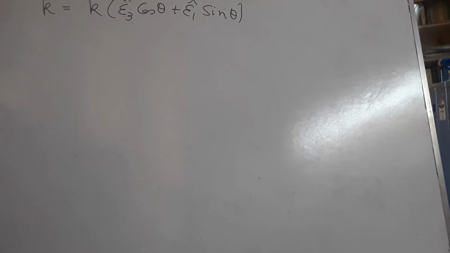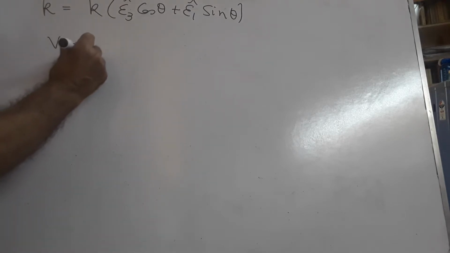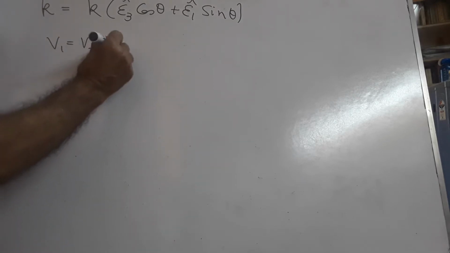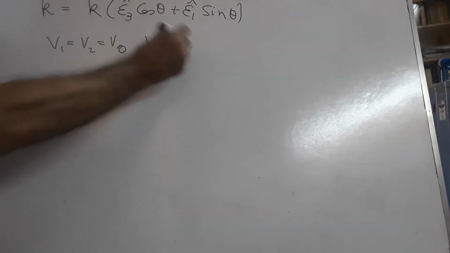Now we have here V1 equal to V2 equal to Vo, and V3 is equal to Ve.